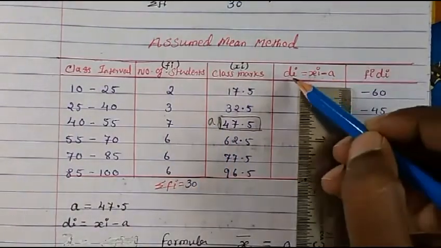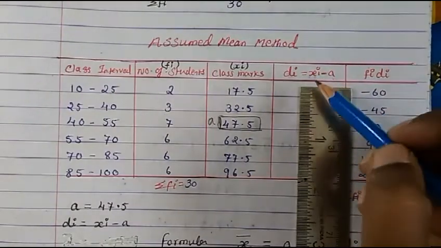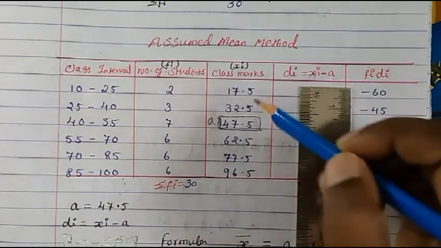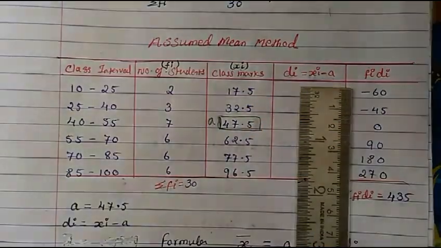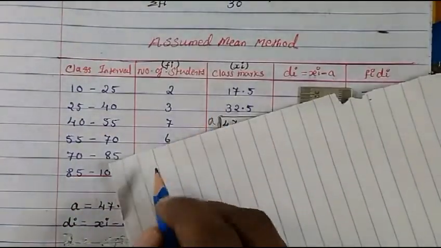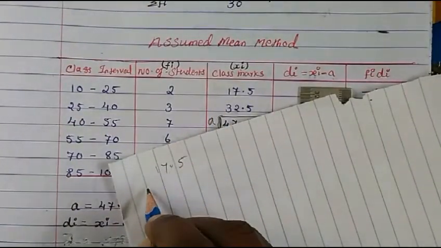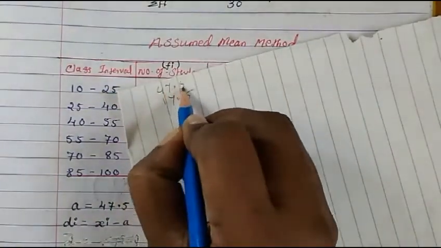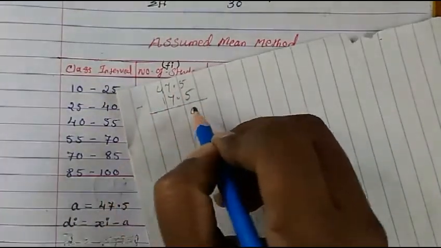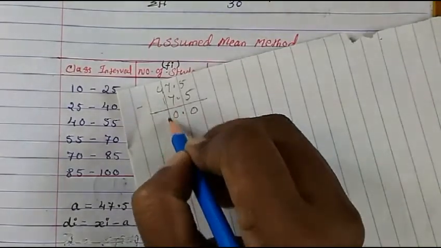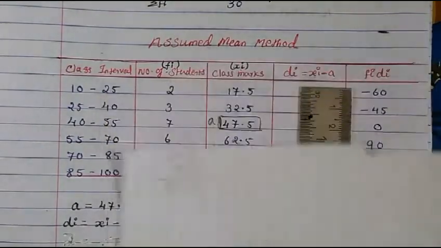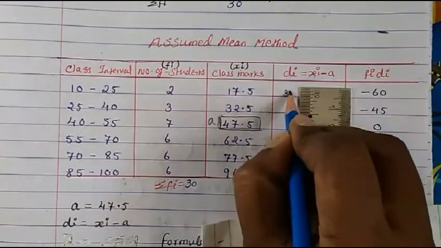Now how do we write the di column? di equals xi minus a. So xi is 17.5, and the a value is 47.5. 47.5 is the bigger number, so we write 47.5 minus 17.5. Subtracting, 0, then 4 minus 1 is 3, so we get 30.